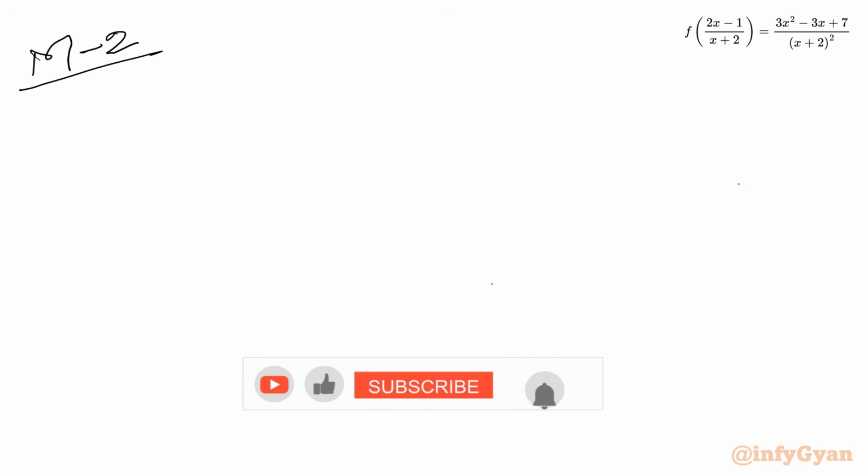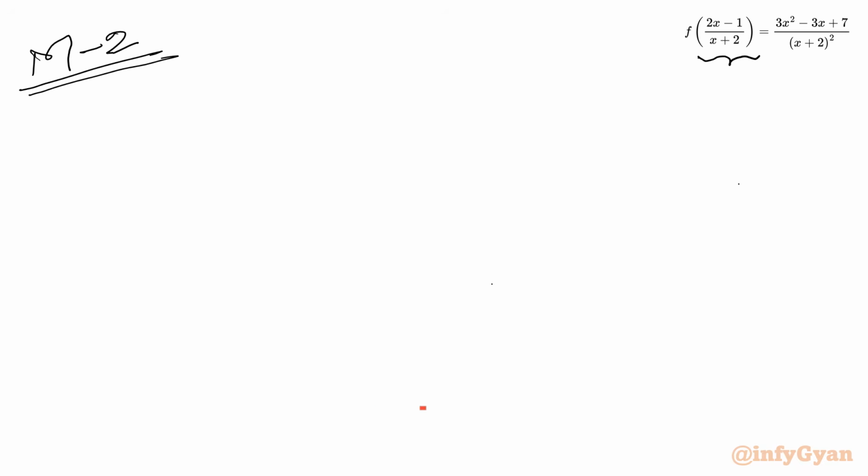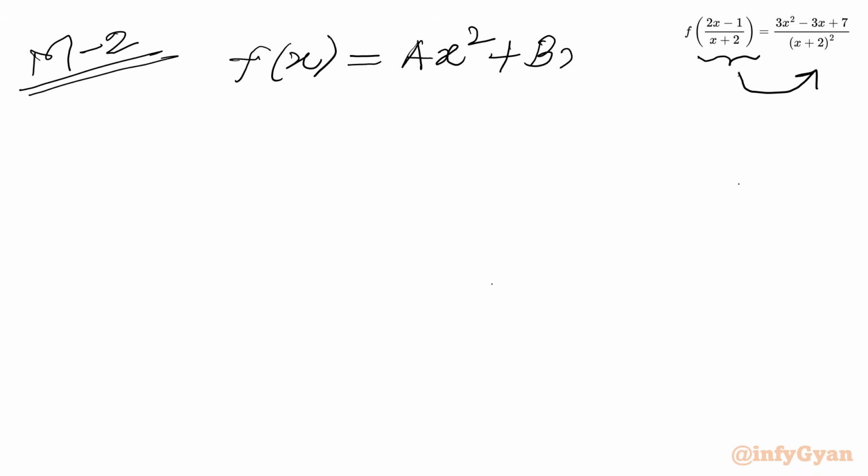Now we will solve using method number 2. In this method, we have an argument of degree 1 in the numerator and degree 1 in the denominator, which is transformed into degree 2 over 2 in the right hand side. So we can think and write f(x) should be one quadratic, ax² + bx + c.